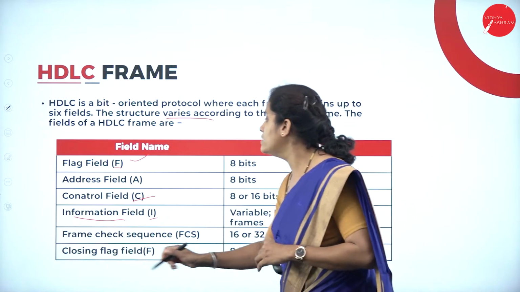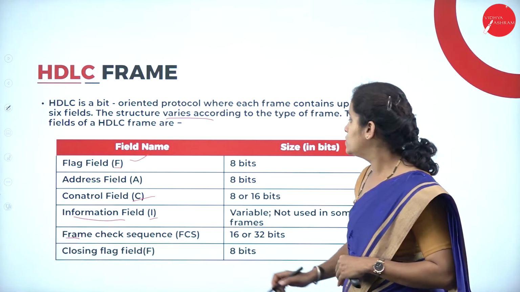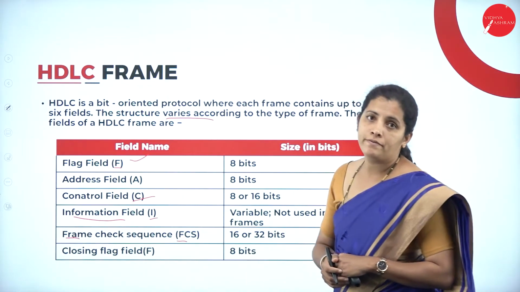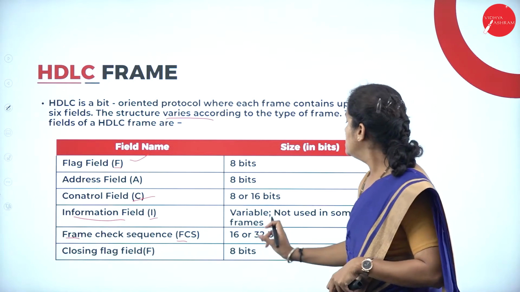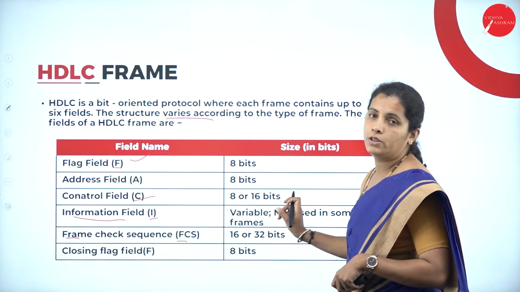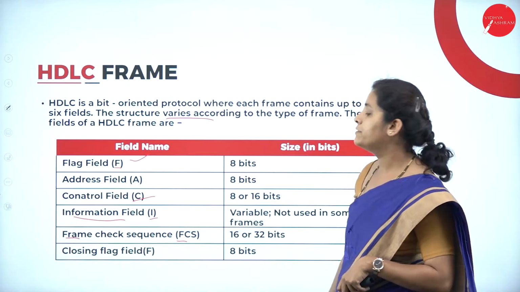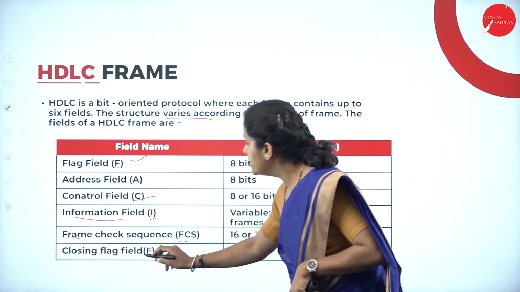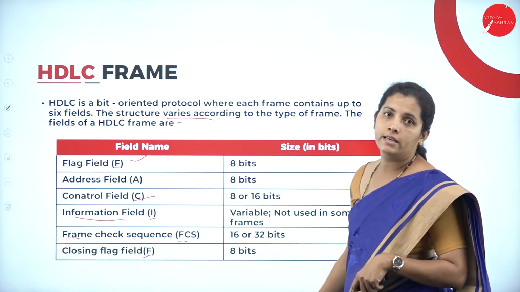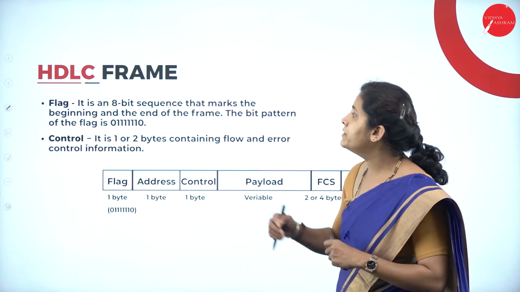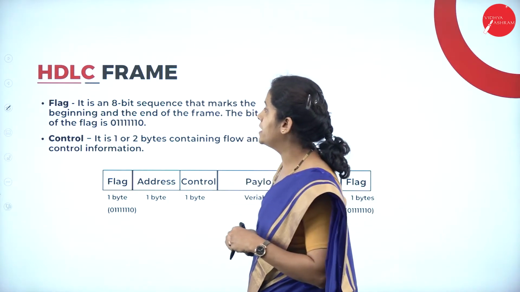The next one is the frame check sequence, FCS, and the length here is 16 to 32 bits. And the last one is the closing flag field, indicated by the letter F, and the length is 8 bits.